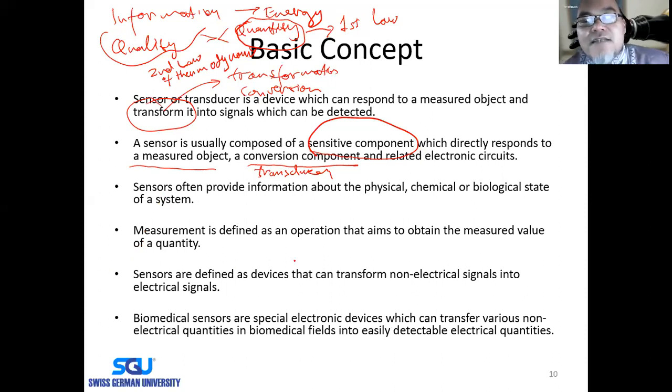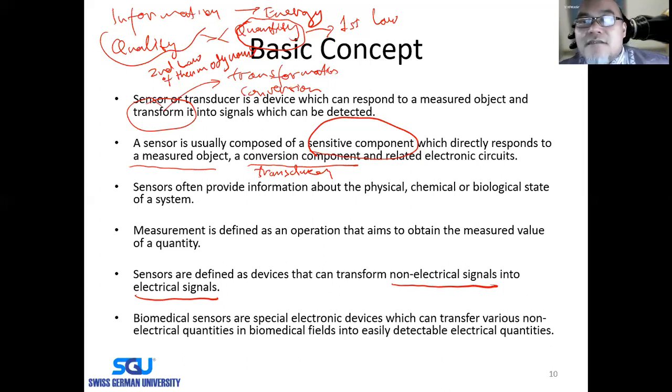Sensors are defined as devices that can transform non-electrical signal into electrical signal. This is of course already a very limited definition. In the broader sense, a sensor can also mean any signal form into another signal form.